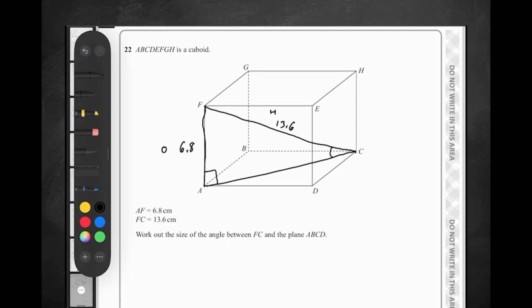So sine of the angle x is going to be opposite 6.8 over hypotenuse 13.6. Lo and behold, that's a half. So luckily, as we don't have a calculator in this paper, x equals 30 degrees.